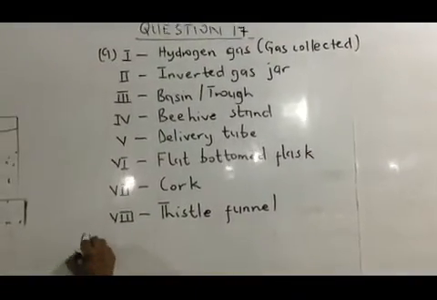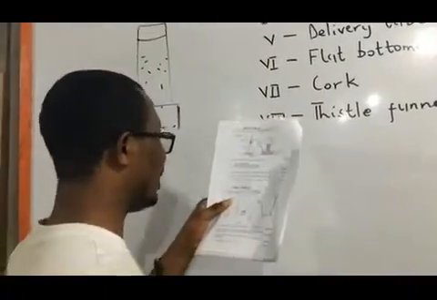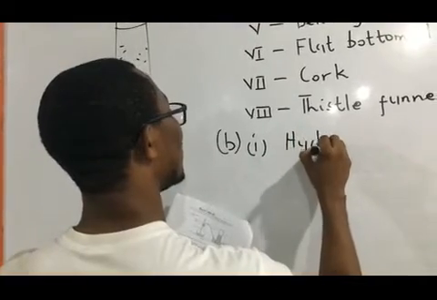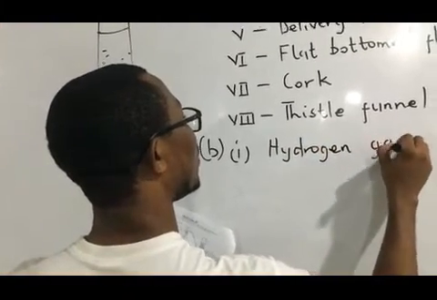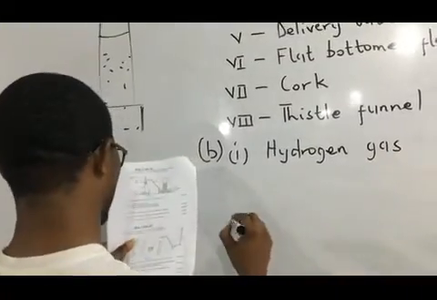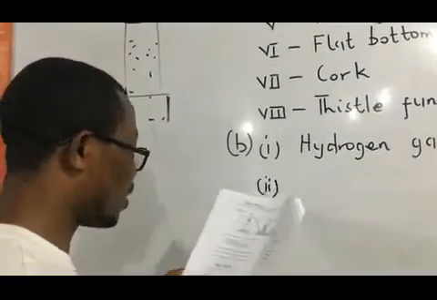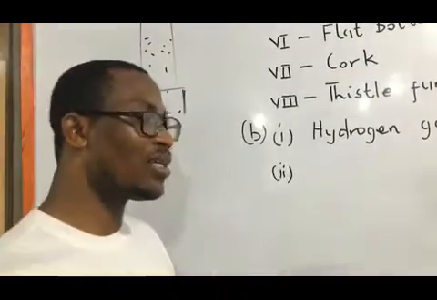Question B(i) is saying that you should name the gas produced. So the gas produced is hydrogen gas. Now B(ii) says, how could the gas produced be tested for?